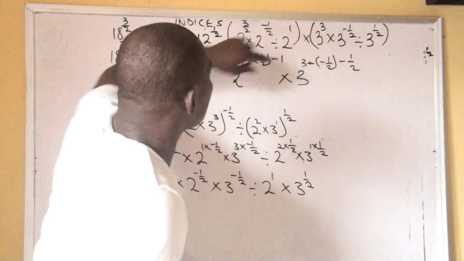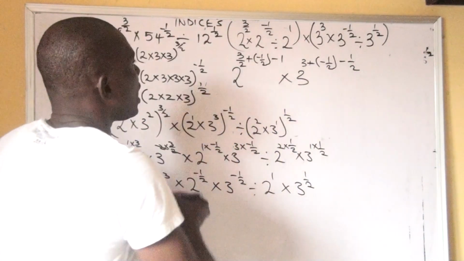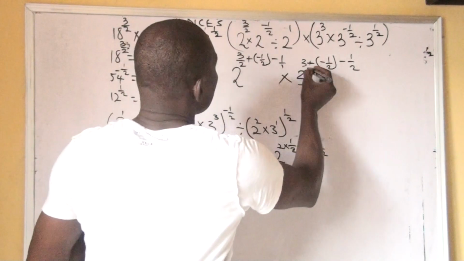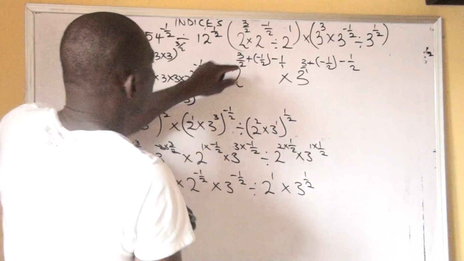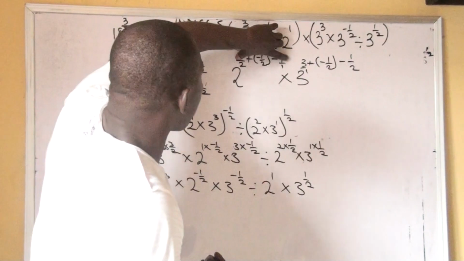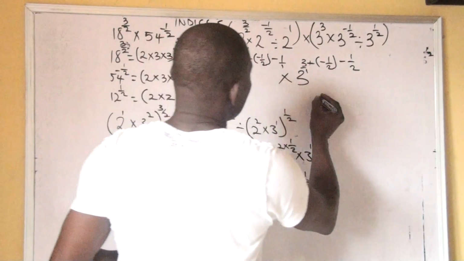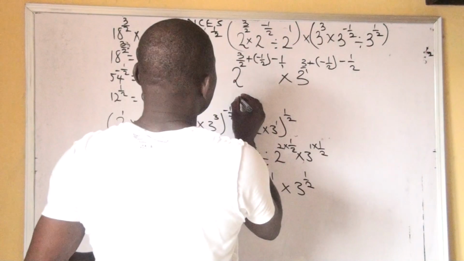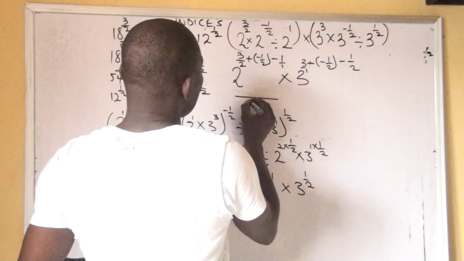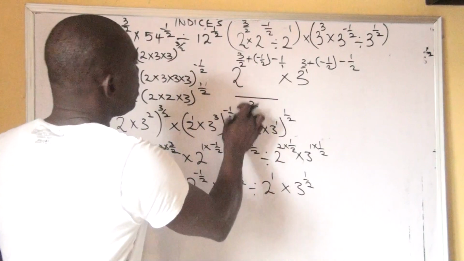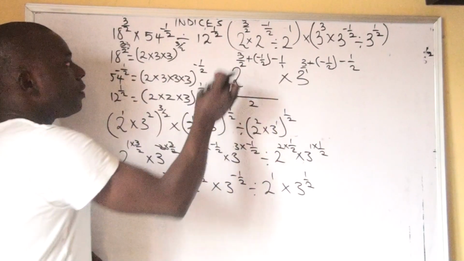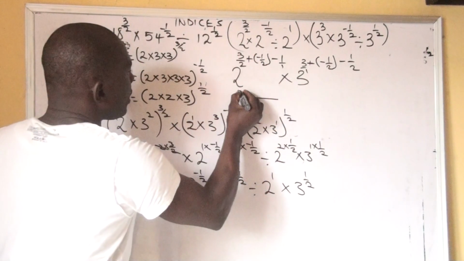We will do the operation. This one they are already fractions. This is over 1, 3 over 1. So this fraction from the power, all the powers of 2, the LCM of this fraction is 2. So let's put it here. The LCM is 2. Here 2 divided by 2 is 1. 1 times 3 is 3.